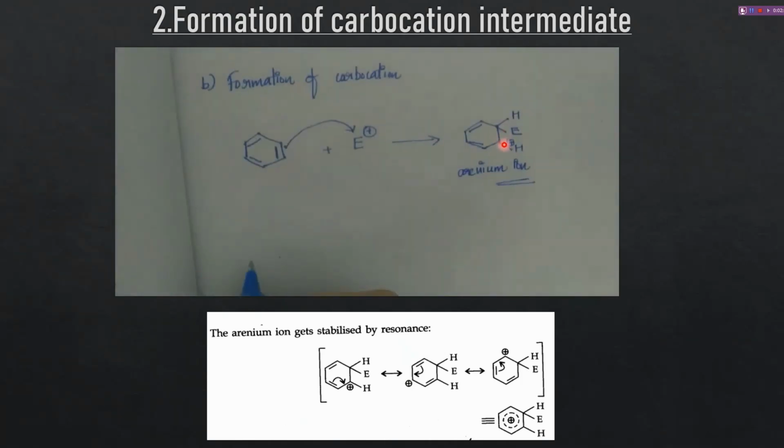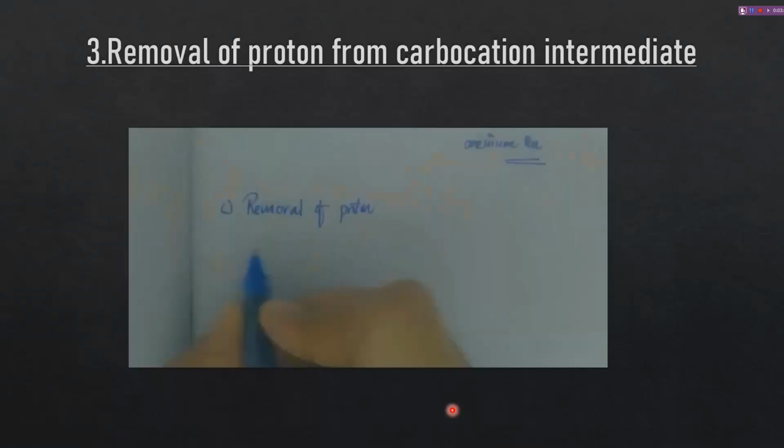So this carbon will be carrying a positive charge, and this is called the arenium ion and it is stable. It is stabilized by resonance. So you can see the resonance structures of the arenium ion.